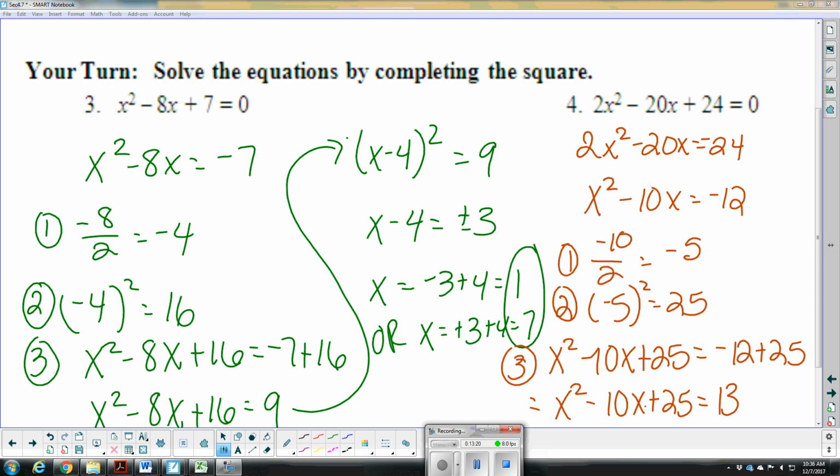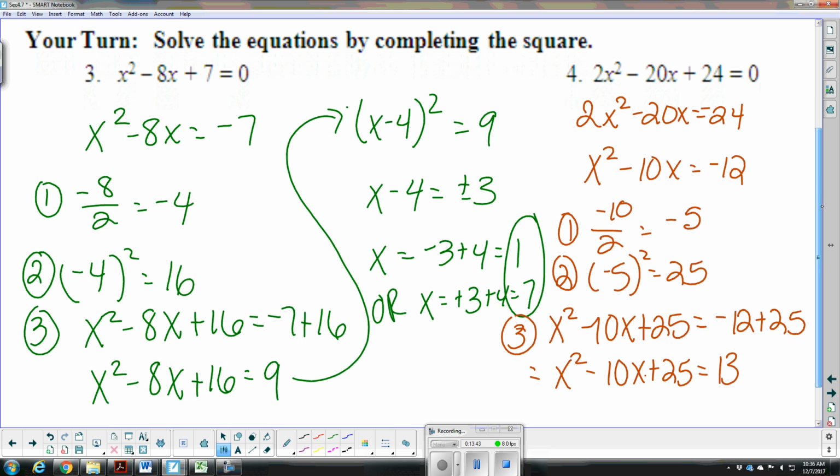And then you want to square -5 to get your missing c term for the left side of the equation. So you get x squared minus 10x plus 25 equals -12 plus 25, which is x squared minus 10x plus 25 equals 13. So now our next step is to put that into a binomial square.